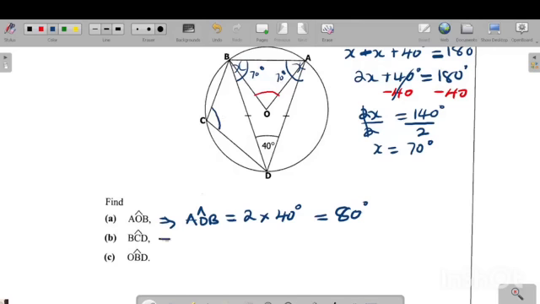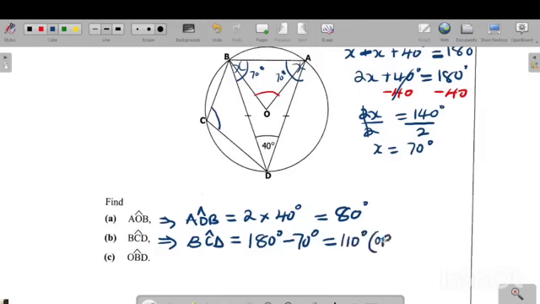So angle BCD is equal to 180 degrees minus 70 degrees, since the angle opposite to it is 70 degrees, which gives 110 degrees.